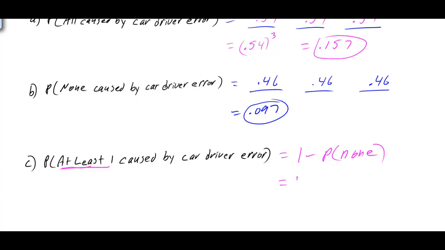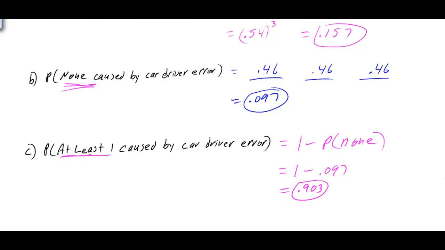So that means we would look at 1 minus the probability of none, and the probability of none is exactly what we just looked at up here in part B as the 0.097. So we could simply subtract 0.097 and we get a probability of 0.903. So in other words, that's going to be a very high probability.